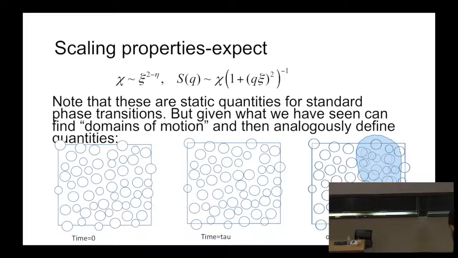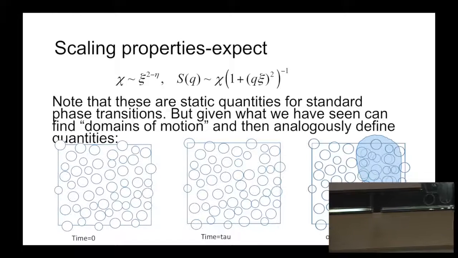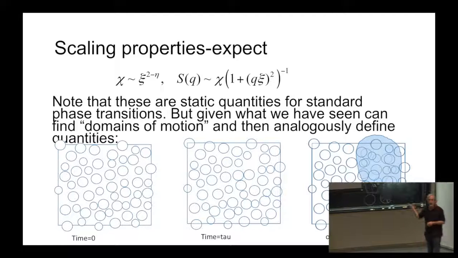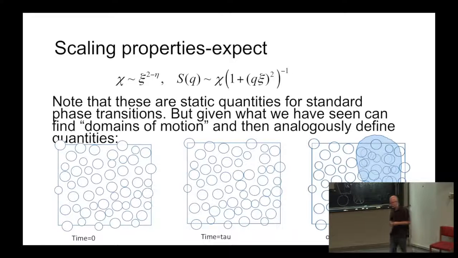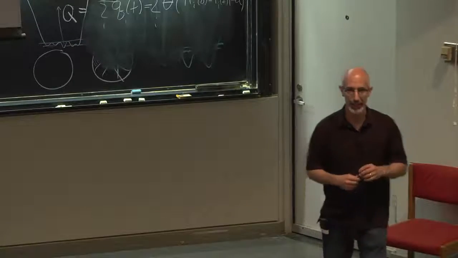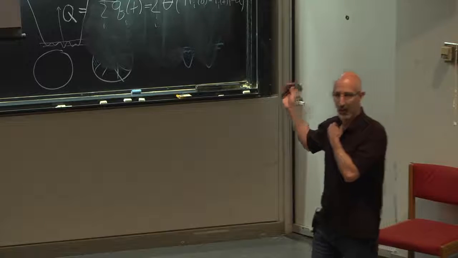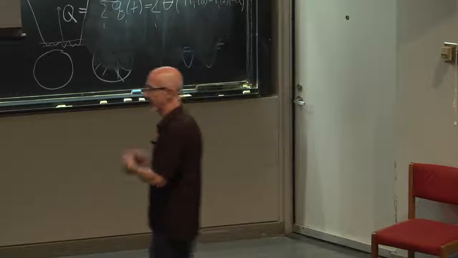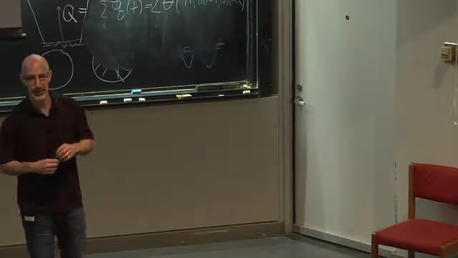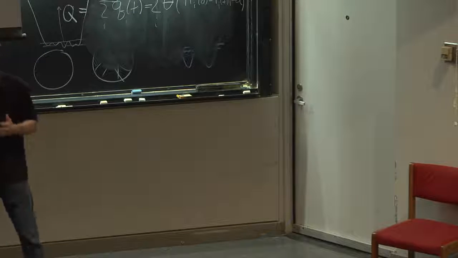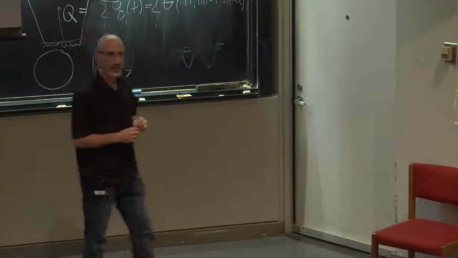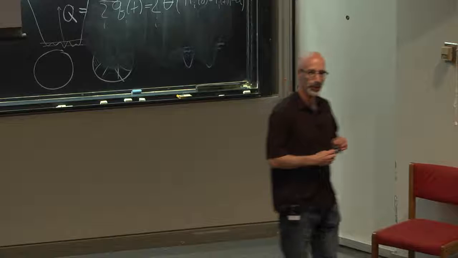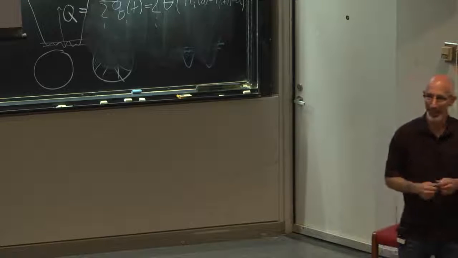And as far as I know, the first attempt to do this was by Ramaswamy and Dasgupta, sometime in the early 90s. They didn't see anything in their simulation, and they concluded that there's no growing length scale associated with the dynamics. They were actually doing the right thing as far as I can tell. At one point I did remember exactly what they did wrong.